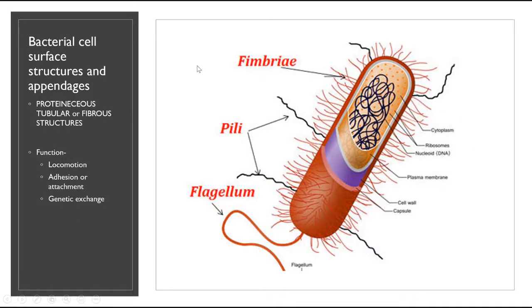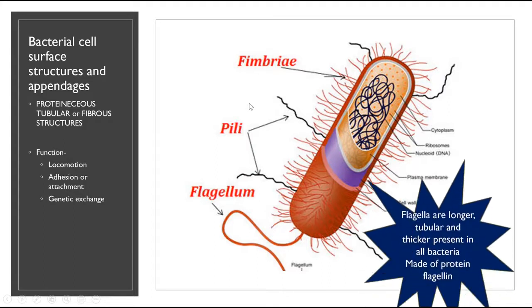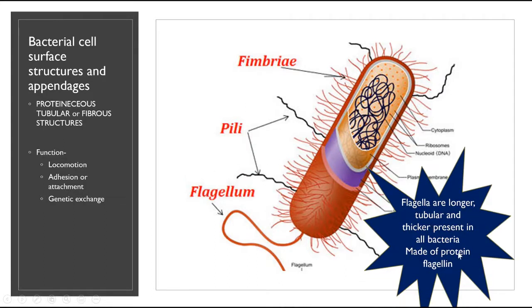Now, some bacteria have very specialized structures found on the cell surface, which may help them to move, stick to surfaces, or even exchange genetic material with other bacteria. For example, flagella are whip-like structures that act as rotary motors to help the bacteria move. They are proteins made up of flagellin, and they are present in almost all bacteria.